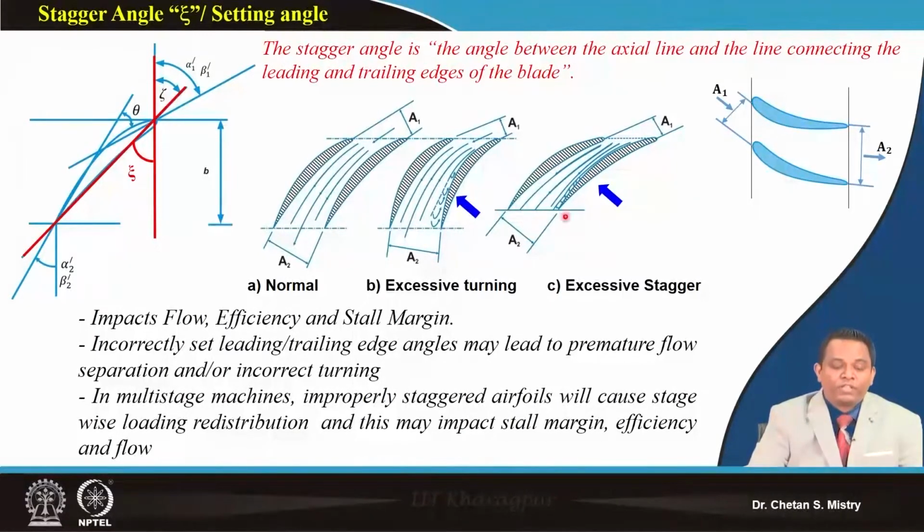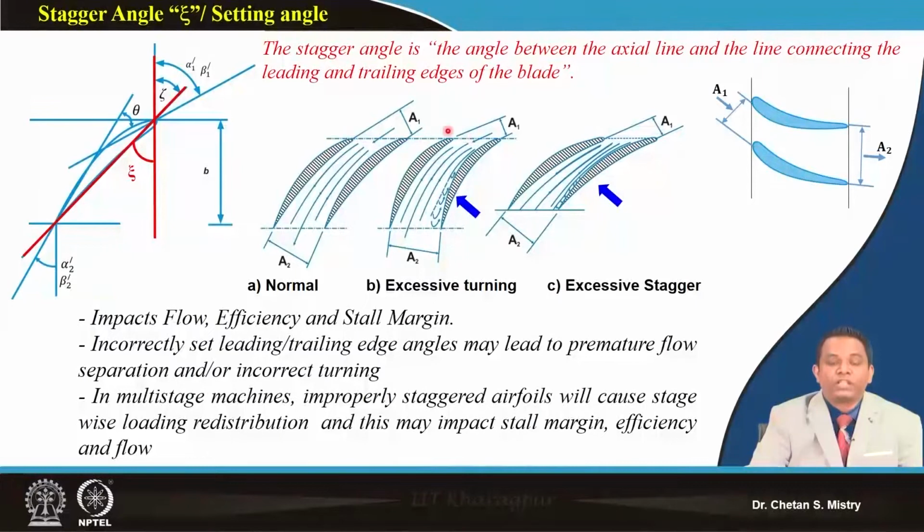Say this is my normal operating condition. This is working absolutely fine, where the flow follows the suction surface and the pressure surface. Now, going a little greedy, if I give excessive turning to this blade, flow separation will happen from my suction surface.